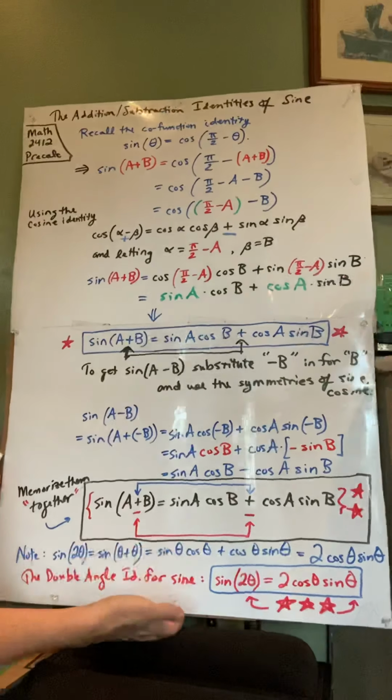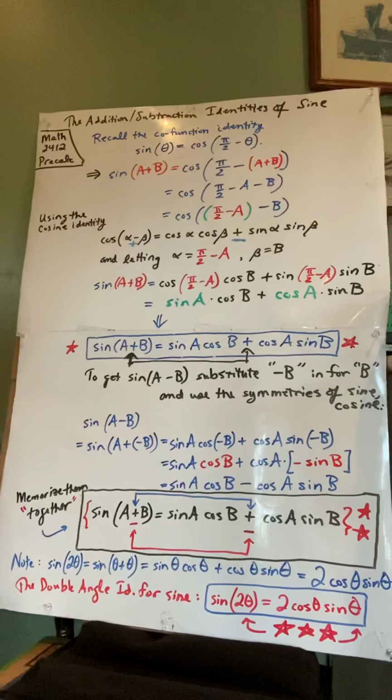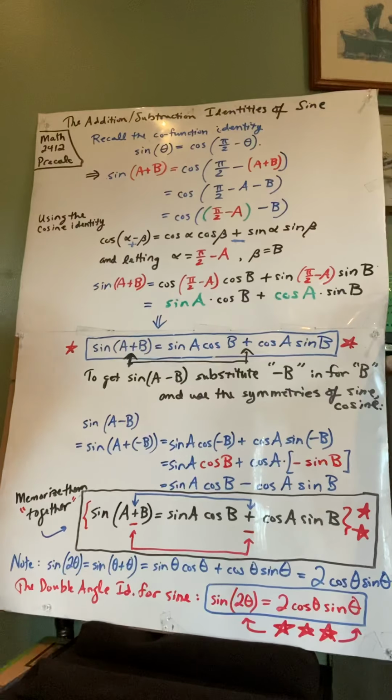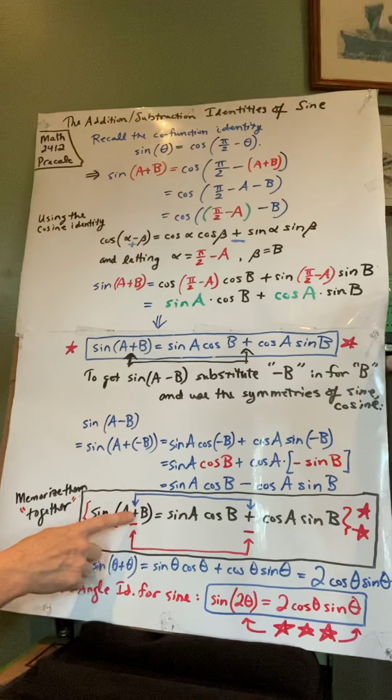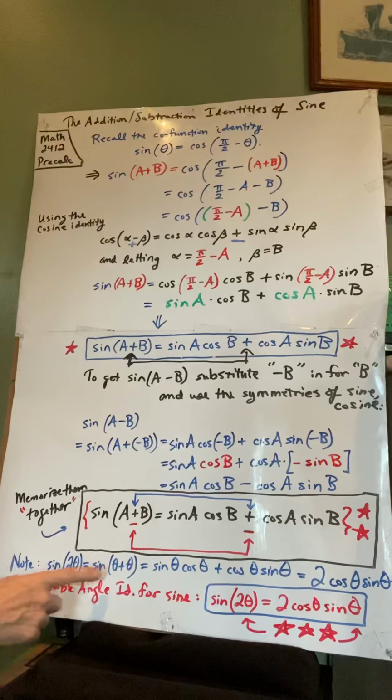Okay, so now here's the one you're going to be using a lot in Calc 2. Same trick again that we did with the cosines. If we have a sine of a sum of two angles, we can replace both of them with theta.